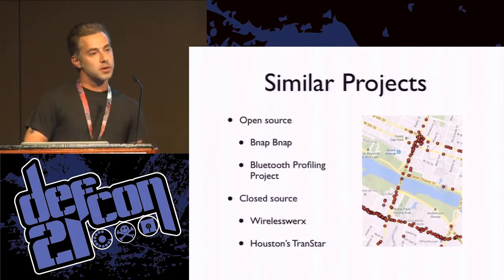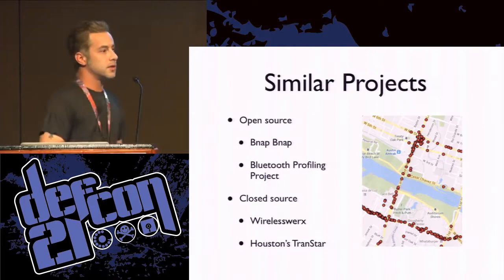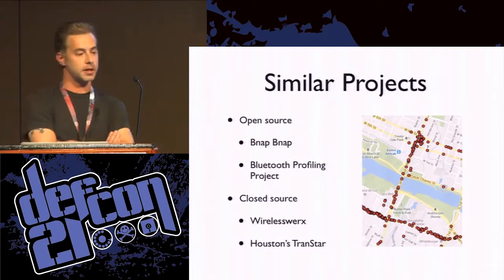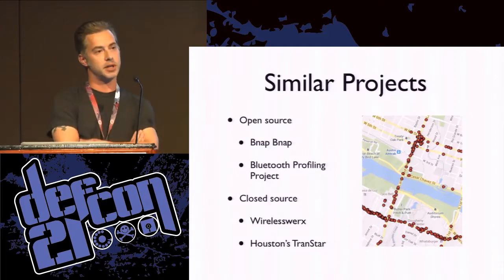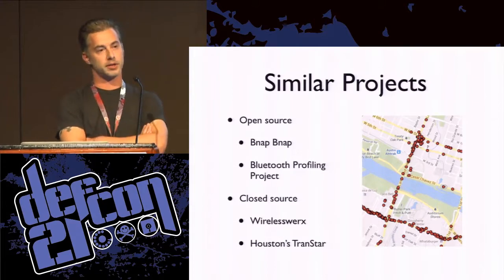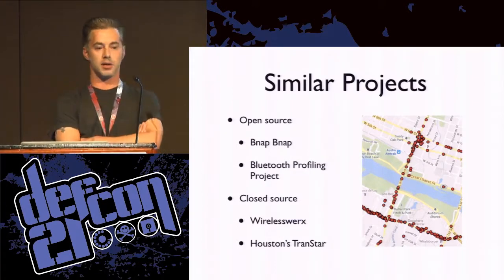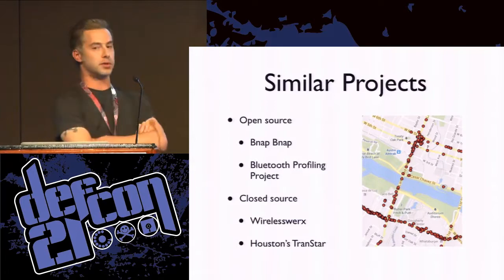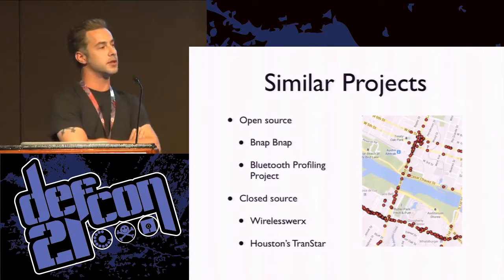There are some closed source projects that do this detection stuff. Wireless Works is a company. If you've been paying attention to the media lately, there's been a big stink about malls and department stores tracking you based on your cell phone's wireless probing, right? Wireless Works is the Bluetooth version of this, where they track you going into a store based on Bluetooth information.